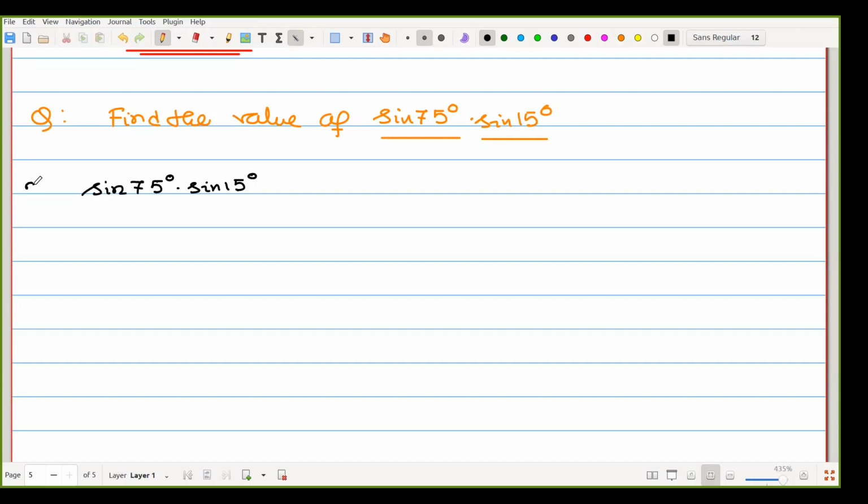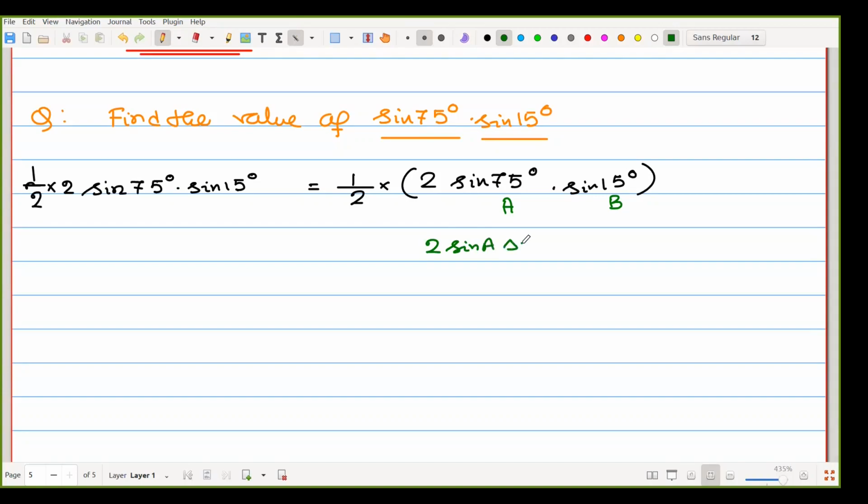We are multiplying it with 2. When we multiply with 2, we have to divide by 2, or multiply with half. So that is now half into 2 sin 75 degree sin 15 degree. If we consider them as A and B, we have 2 sin A sin B, this formula.